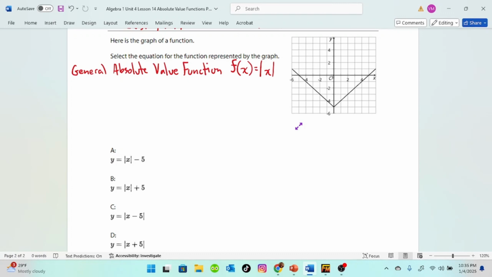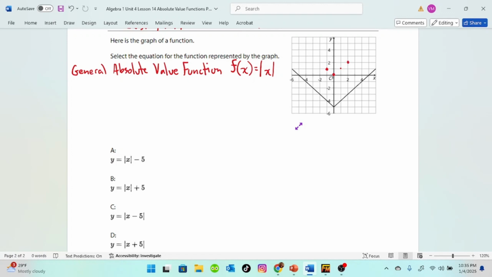So when that happens, if x is 0, the absolute value of 0 is 0. If x is 1, the absolute value of 1 is 1. If x is negative 1, the absolute value of negative 1 is 1. If x is 2, the absolute value of 2 is 2.